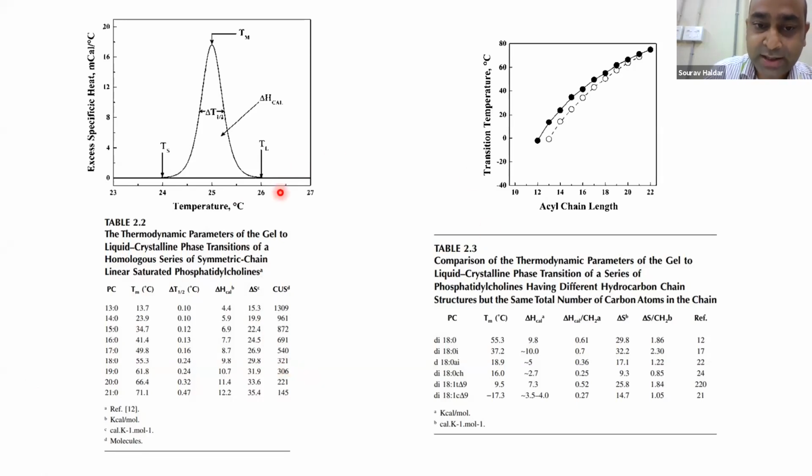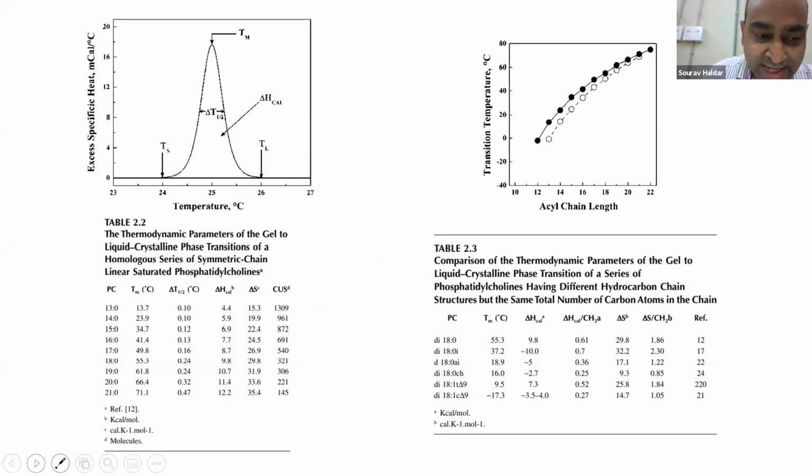I forgot to mention one part: the phase transition temperature is actually dependent on the composition of the fatty acyl chain. It's dependent on the level of saturation as well as on the acyl chain length. As a thumb rule, you can remember that if we have more unsaturated lipids in the bilayer, we have a lower phase transition temperature.